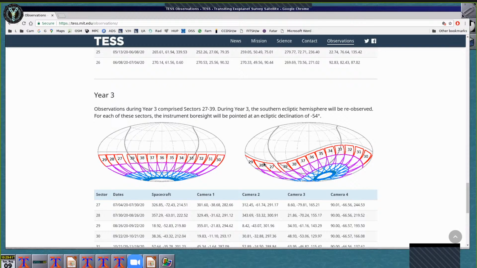So the engineers were capable of increasing the performance of the downlink, which means that the total amount of data downlinked from TESS is roughly twice as big as earlier. And then it means that the cadence of the frames can also be increased. So we will see what we will get.